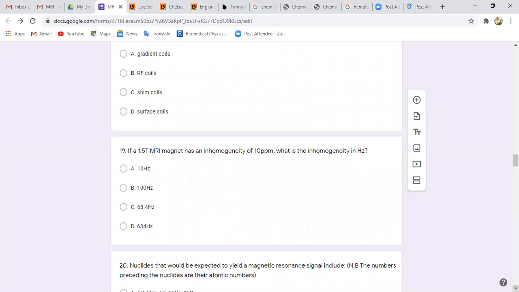Okay, what is the gyromagnetic ratio of hydrogen? Let's start from there.